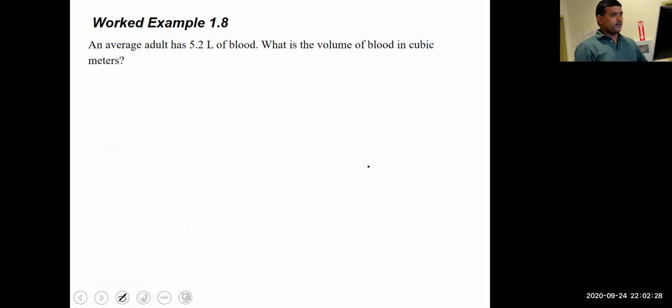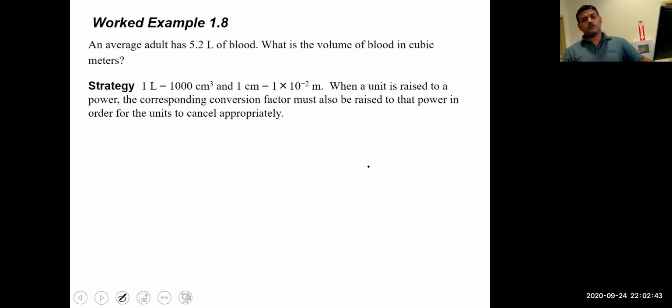Let's look into this problem where it says an average adult has 5.2 liters of blood. What is the volume of blood in cubic meters? Okay, cubic meters. There is not a direct relationship between liters and cubic meters.